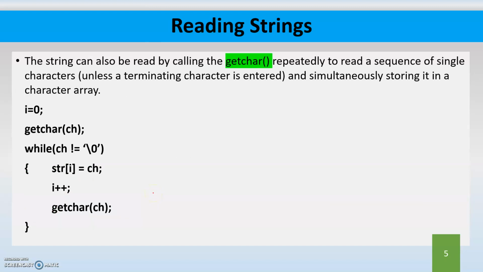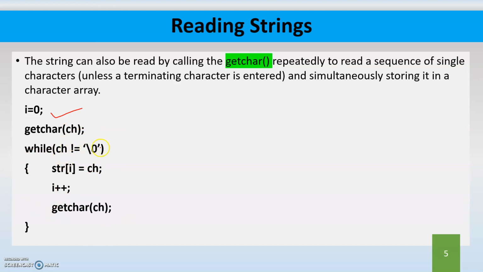Now the last part is how to read the string by getchar in a repetitive manner. So here we start with a counter. Here i is my counter. Then we have to collect the character using the getchar function. After collecting that, we use a while loop.